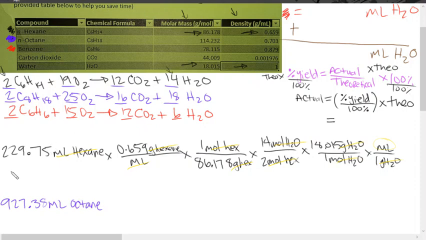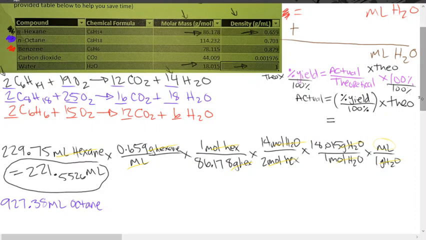So when you do that math, you get 221.5526 milliliters. For sig figs, since this only has 3 sig figs, you would technically stop right there. So if this was the end of the question, 222 milliliters of H2O is what you would have, because you would round up from that 5. So that's the first amount that we have.